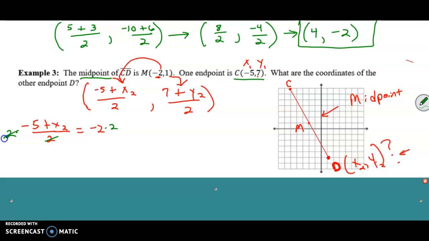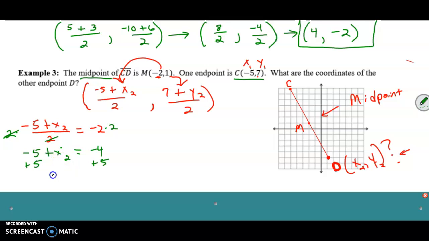These 2's cancel. I have -5 plus x2 equals -4. Now I can add 5 to both sides. So my x2 value has to equal 1. That means my x-coordinate for D over here is 1.